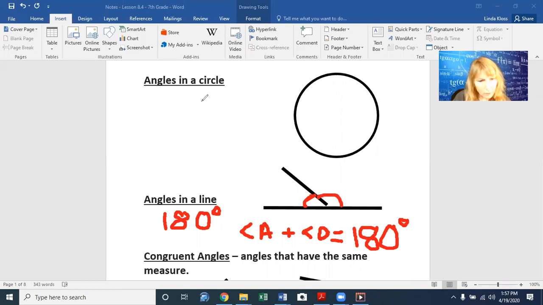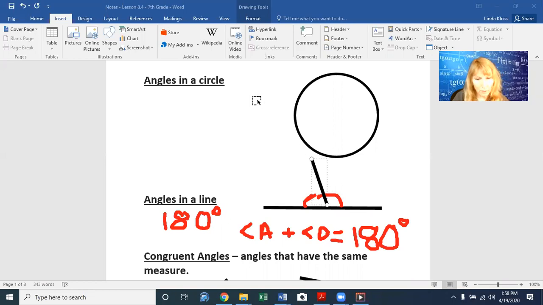Exactly. So I could take this line here, and I could move it down this way, and I'd still have two angles that measure 180 degrees. I could go way down here. I have a huge obtuse one and a little tiny acute one. They would still always be 180 degrees.